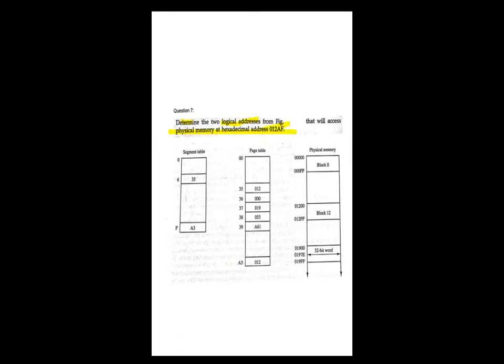Now you see, addresses are of two types. Let me just write this on the screen. Addresses are of two types. One is called logical address, and second is physical address.